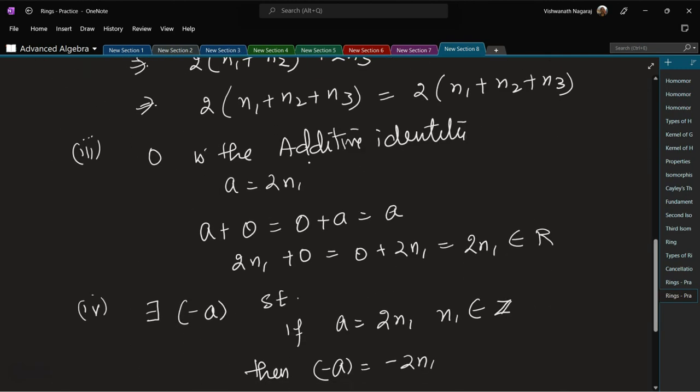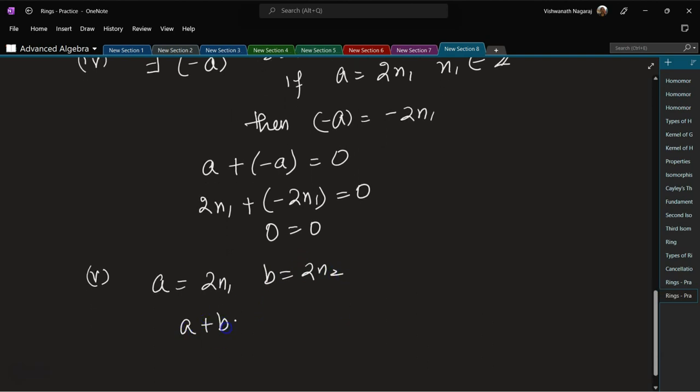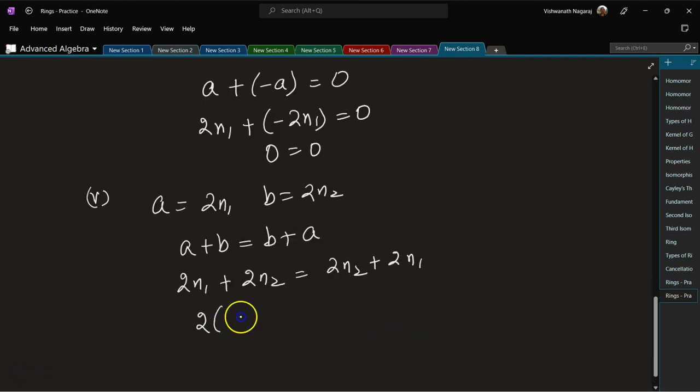Now addition is commutative. Let A is equal to 2n1 and B is equal to 2n2. So A plus B equal to B plus A. Now 2n1 plus 2n2 is equal to 2n2 plus 2n1. Now 2 is common, so 2(n1 plus n2), 2(n2 plus n1).